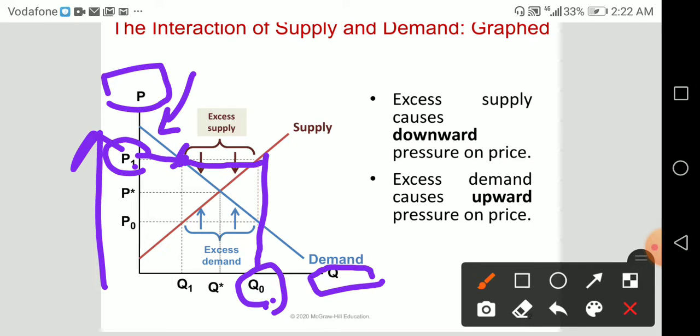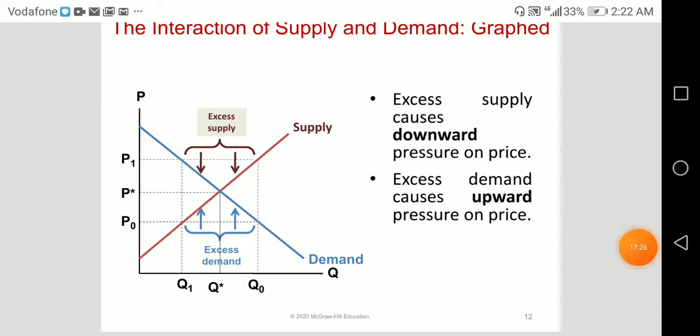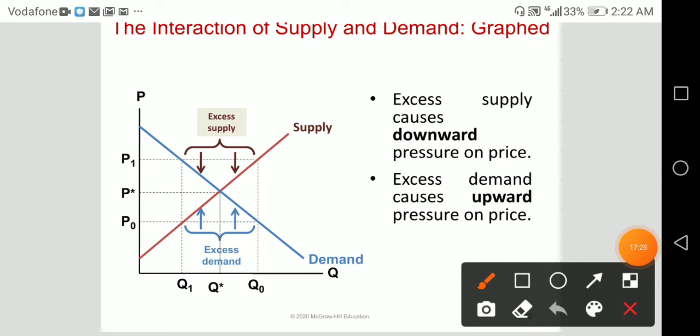We have here an excess of supply. I have more quantity supplied than the quantity demanded. So this part is the excess supply, a surplus.